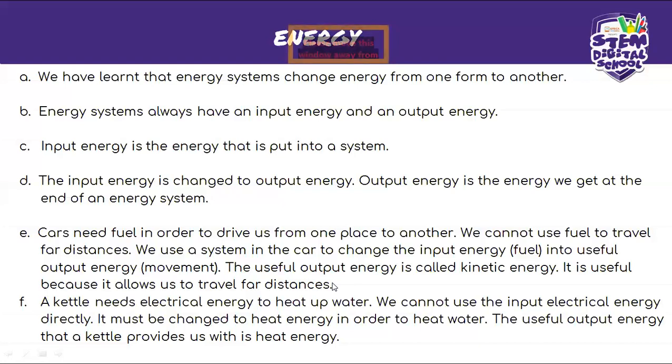So when you connect it, we get electrical energy provided the light is on. Then when we switch on the kettle, the water is heated up. So the input energy here is electrical energy, and the output energy here is the heat energy in the water, used to boil the water. We can then use it to drink tea or cook or do whatever we want.